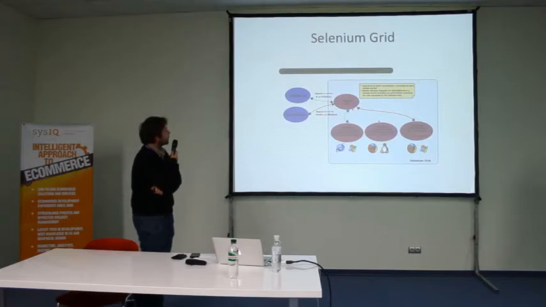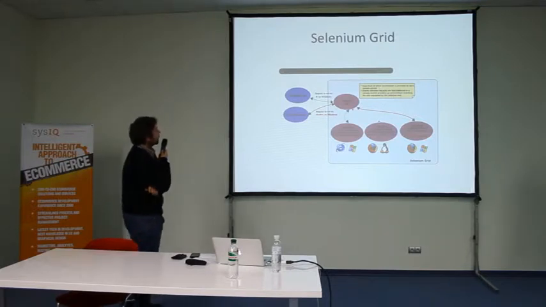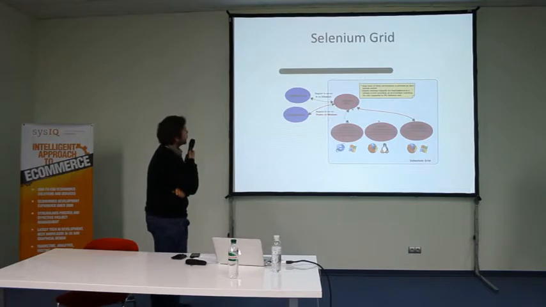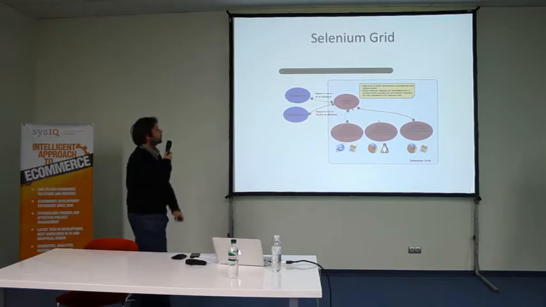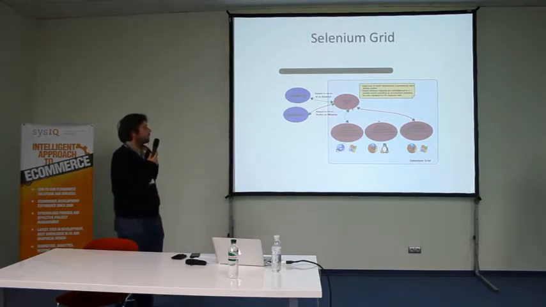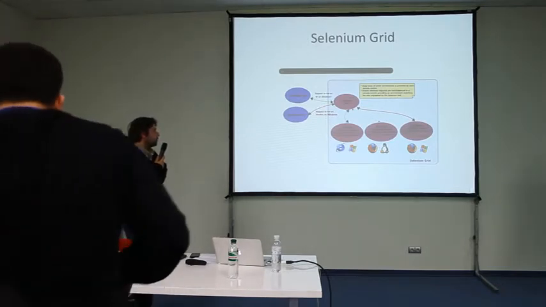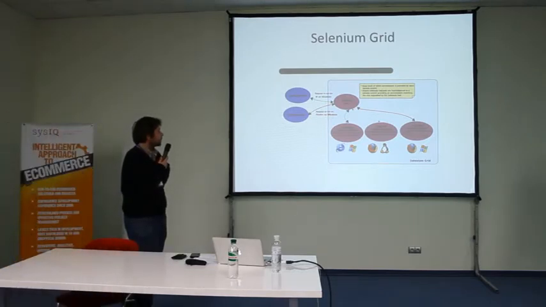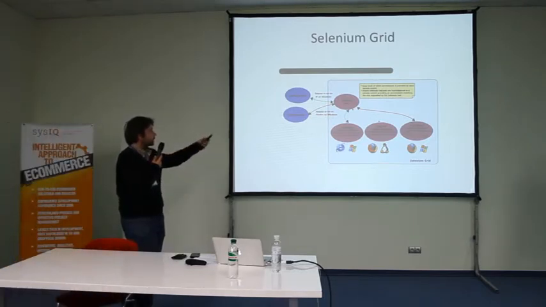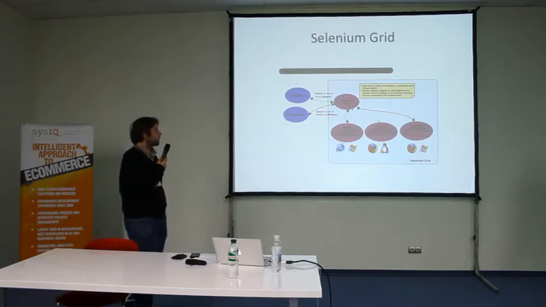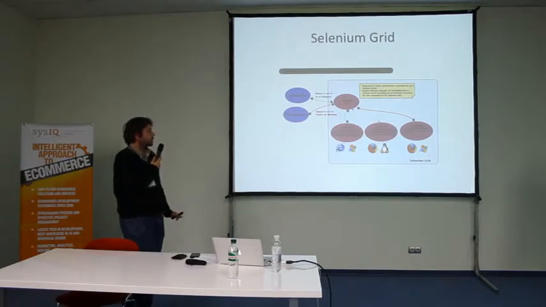So about Selenium. There's Selenium Hub, which connects with the nodes. It's a server, and the other nodes connect to it through the JSON wire protocol. We could have as many machines as we want.